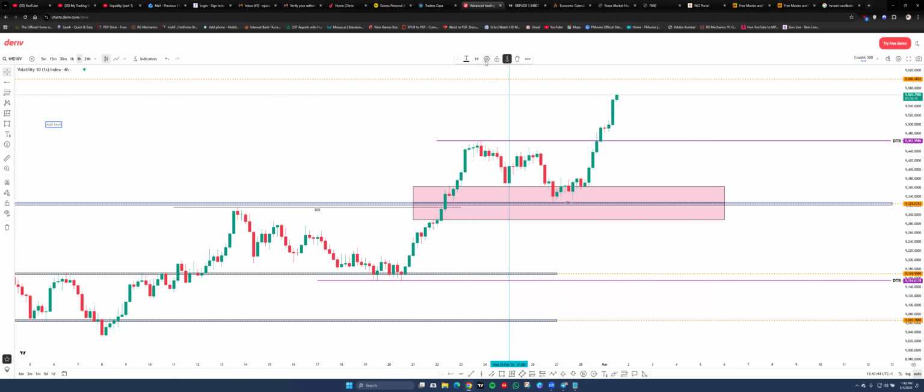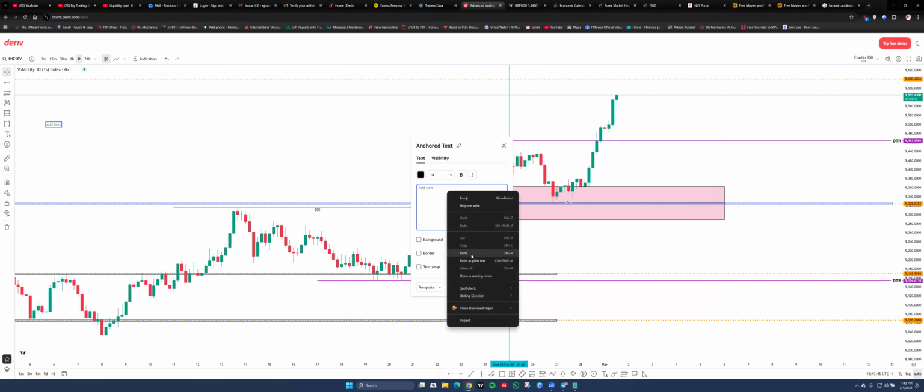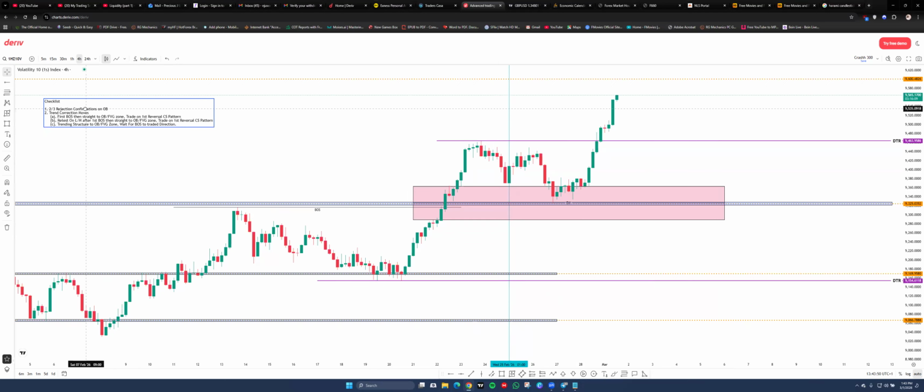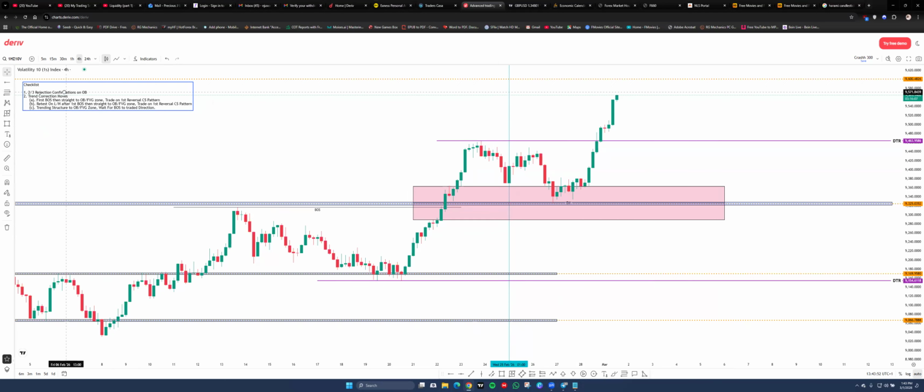One of the rules that we have, let me post it here. One of the rules that we have for our trading pairs is that there must be 2 to 3 rejections confirmation on the order block or fair value gap zone.